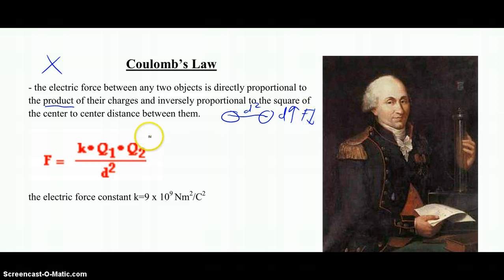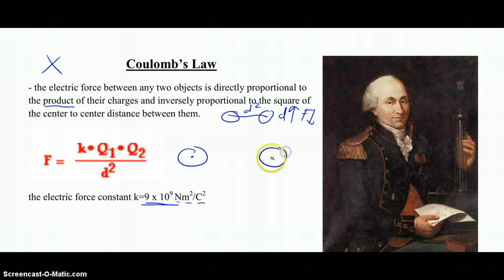Okay, this is what it looks like in terms of symbols. The force, F, that's the electrical force, is equal to K, the electric force constant, which is 9 times 10 to the ninth newton meters squared per coulomb squared, times Q1 times Q2, charge 1 times charge 2, over the distance squared, and again that's center to center distance.